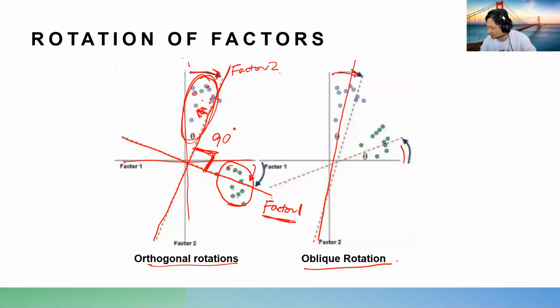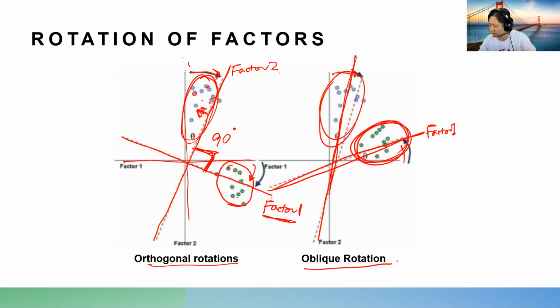Then the new factor 1 perfectly explains these variables, and rotated factor 2 explains these variables very well. It will improve the interpretability of your factor solution.